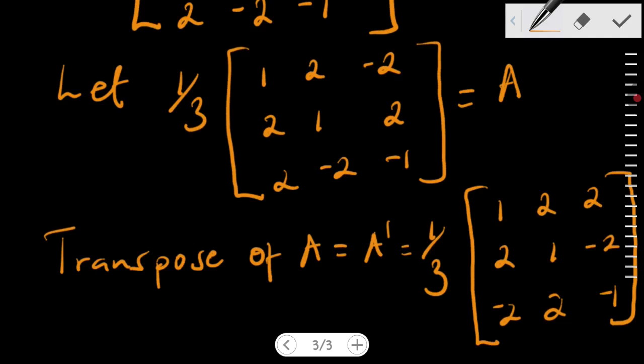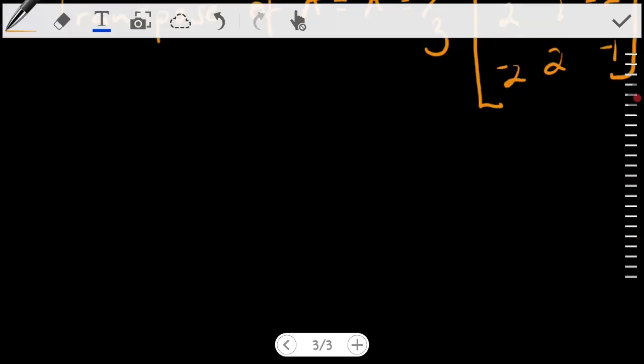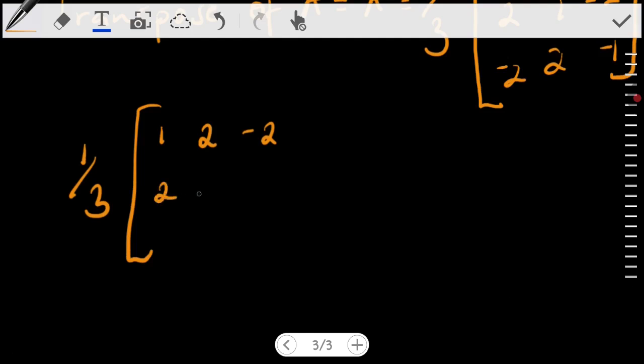The next thing we are supposed to do is multiply this with the original matrix to see whether we come up with an identity matrix. The original matrix is 1 out of 3 times 1, 2, negative 2, 2, 1, 2, 2, negative 2, negative 1.